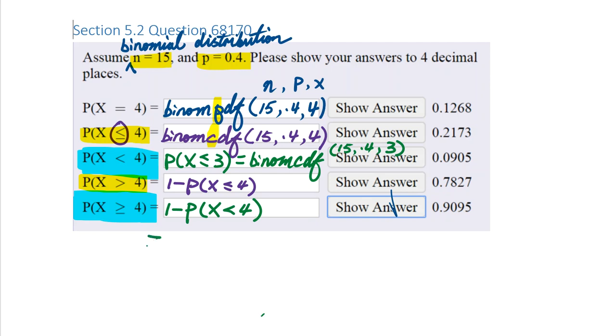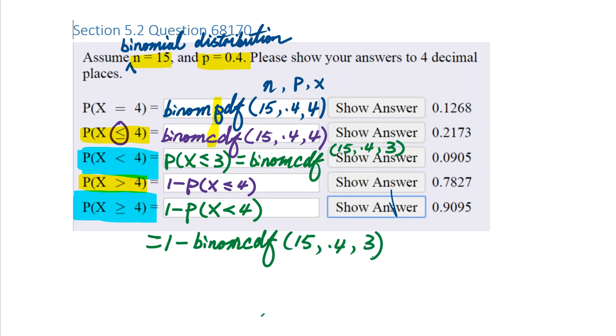And in this case, we already know this is 1 minus binomcdf. Since we already carried out this calculation once, I'm going to skip the intermediate step. And what you're going to enter into your calculator is simply just this.